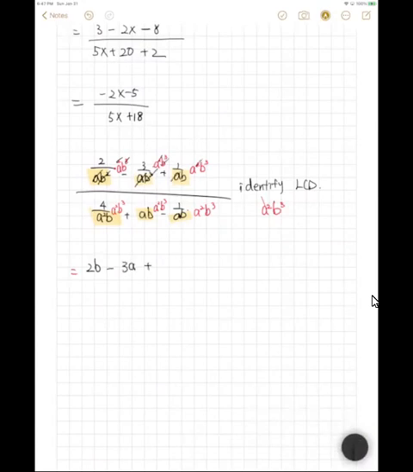With 1a left, this is 2b, so we end up with b squared all over a squared. Then we have 4b squared plus a to the cube, b to the 4th minus ab squared. Okay, so that's it. Since they don't have a common factor, that would be the simplest form.